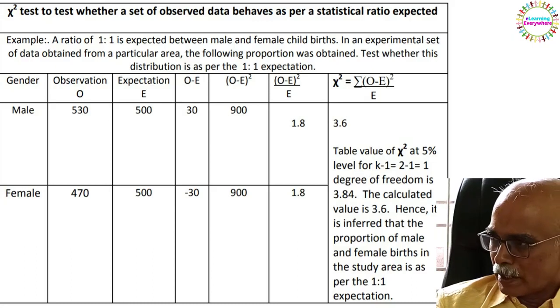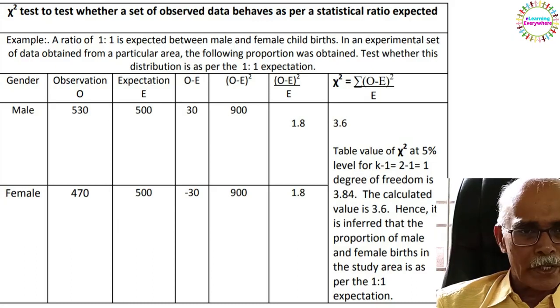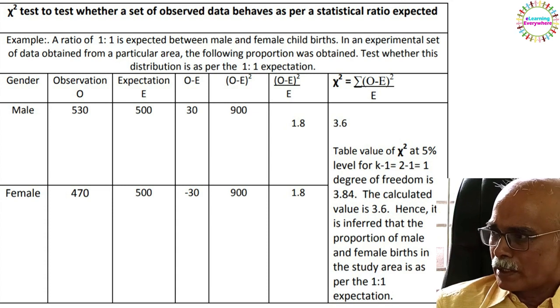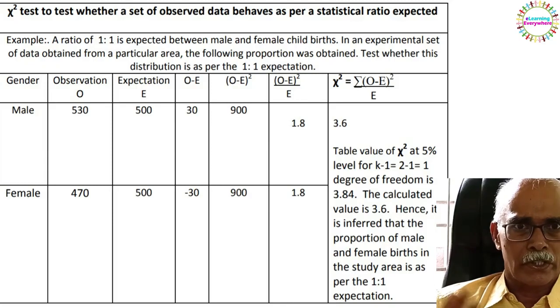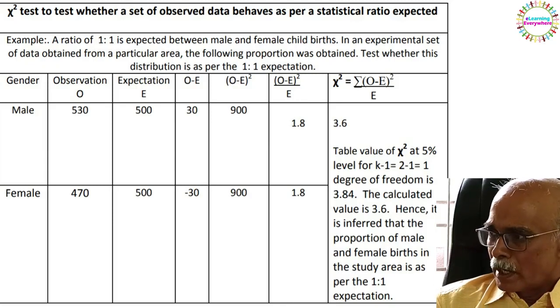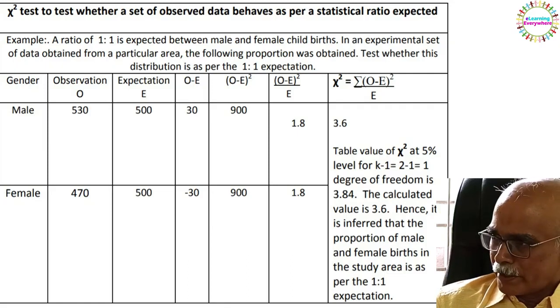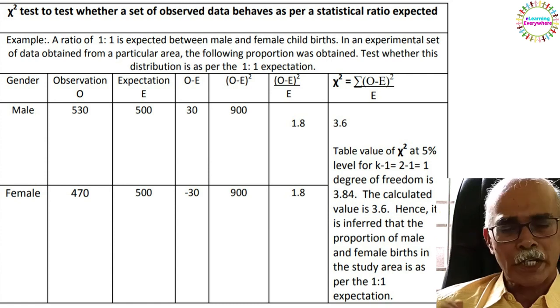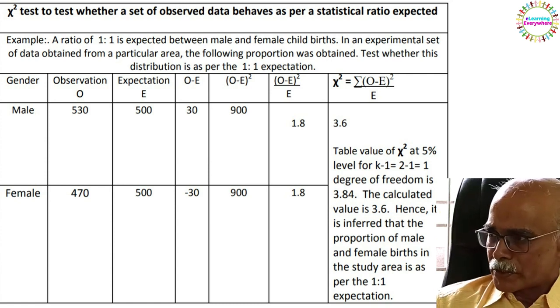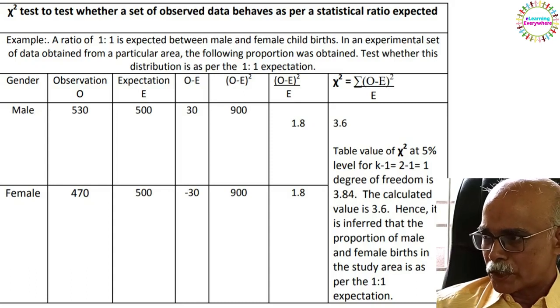So the formula of chi-square is sigma (O minus E) all squared by E, as given in your table. O minus E is the difference between the observed value and the expected value. And in the first case, in the case of male, the difference is 530 minus 500, which is 30.